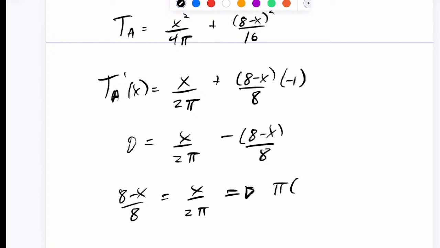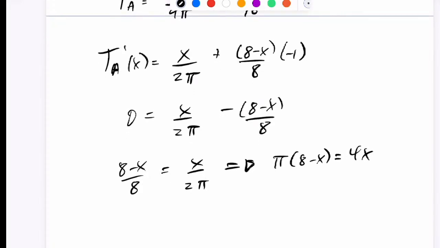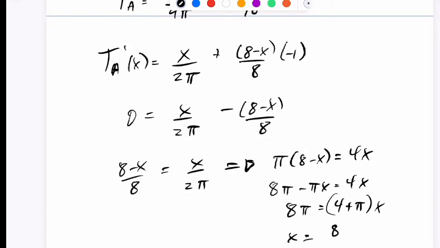This will be pi times (8 minus x), and then equals 4x. So this is 8 pi minus pi x equals 4x. This making sense? So I get 8 pi is (4 plus pi) times x, and x is 8 pi over 4 plus pi.